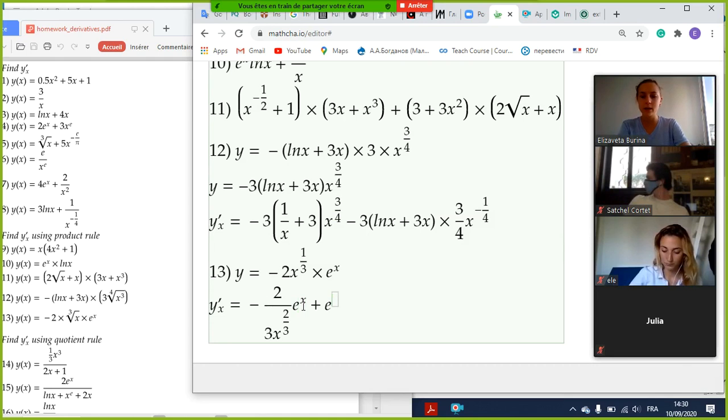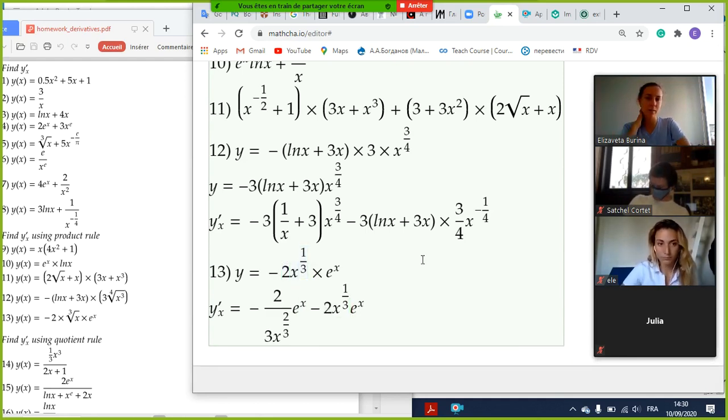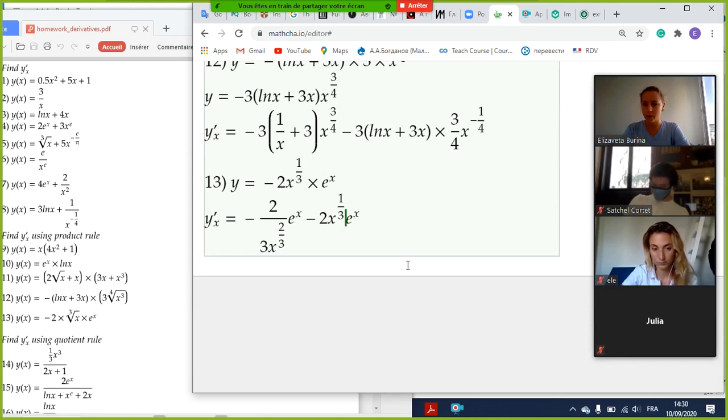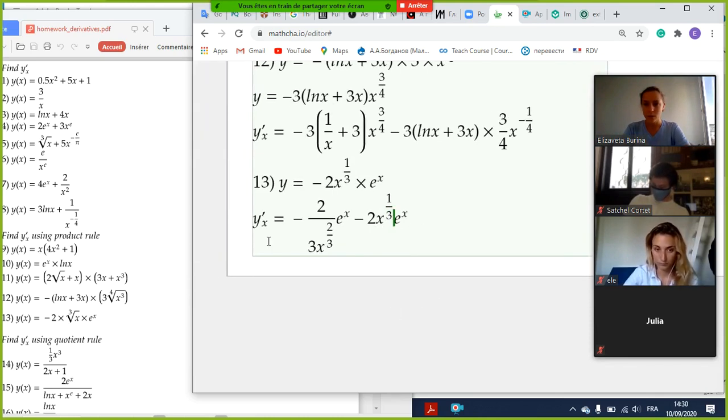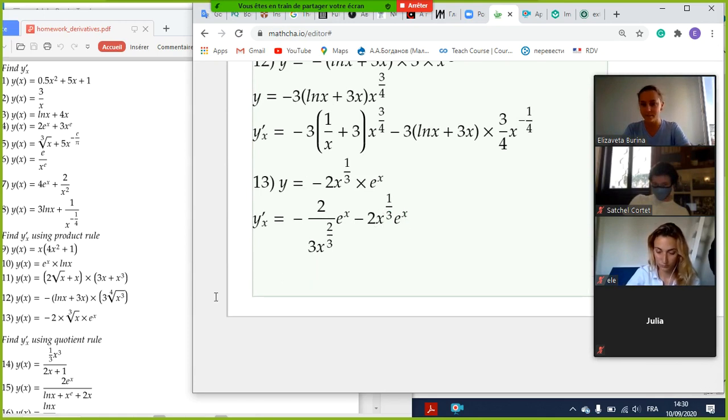E to the power of x, let's put minus because we are multiplying it by this, and something like that will be the answer. Again, doesn't matter the order. Okay, perfect. So that was the 13 numbers done.